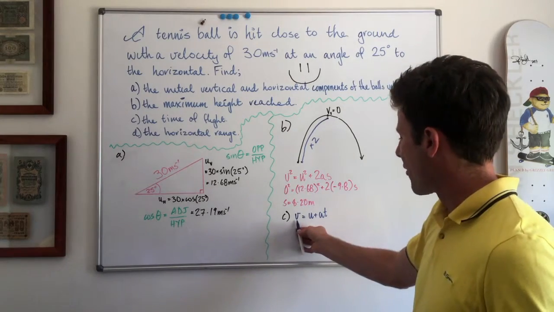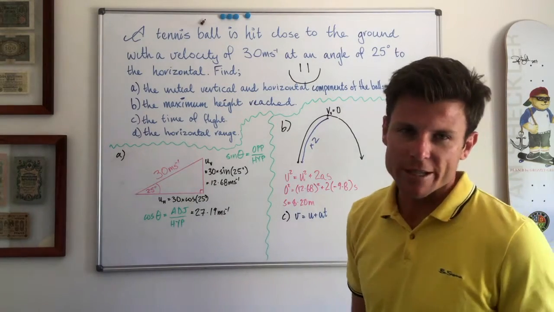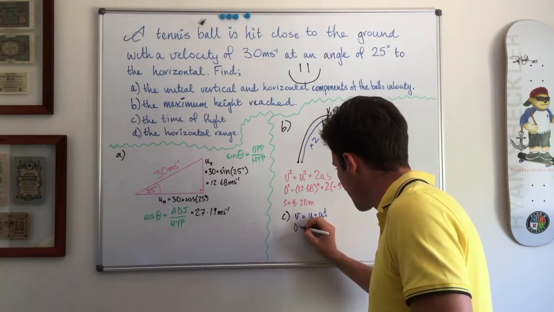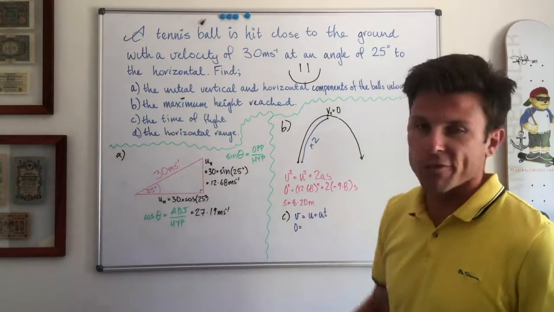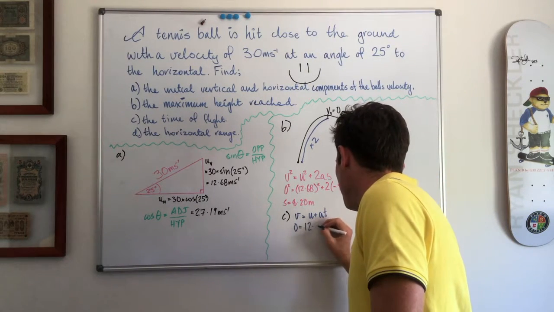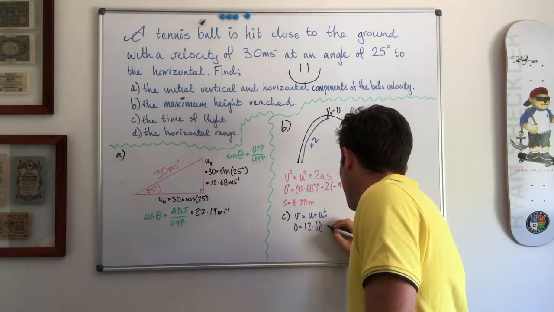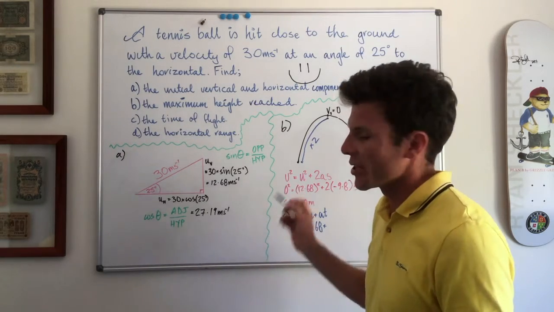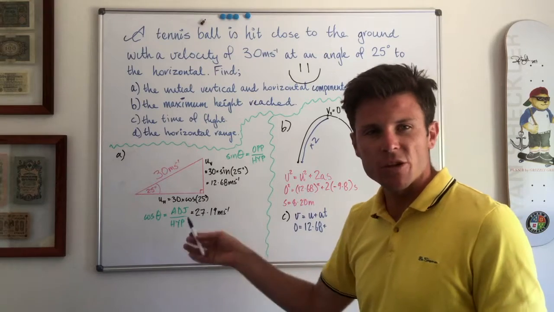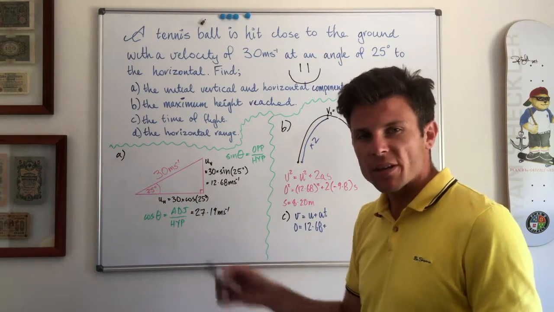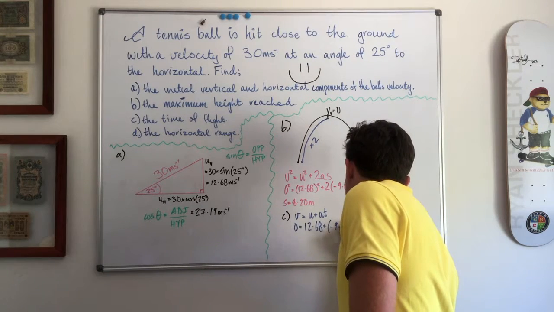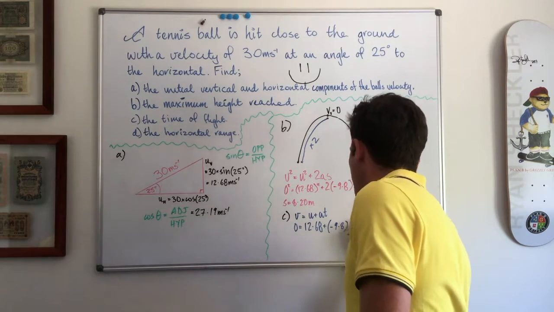So we have the final velocity, which in this case again is 0 at the maximum height, is equal to the initial velocity in the vertical direction, which is 12.68, plus a, which is the acceleration due to gravity, and again, because it's in the opposite direction of the initial velocity, we're going to have to give it a negative value, times the time.